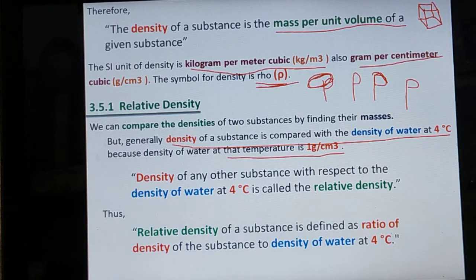So the density of any other substance with respect to the density of water at 4 degrees Celsius is called relative density. Thus, relative density of a substance is defined as the ratio of the density of the substance to the density of water at 4 degrees Celsius. It may also be referred to as a ratio between the two aspects.